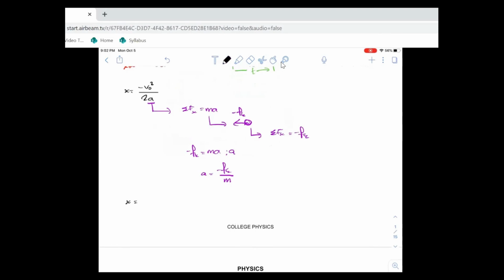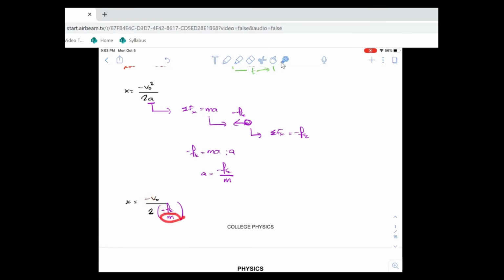So the next thing I have to do is just substitute this in here. It's going to be 2 times the frictional force divided by m. Okay, you got a negative here, you got a negative here, so that's going to become positive.